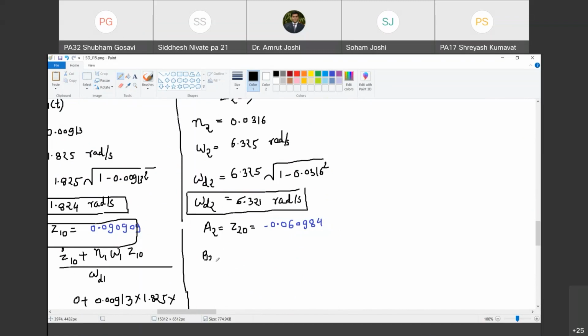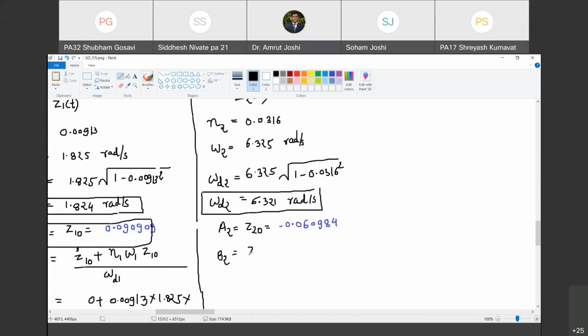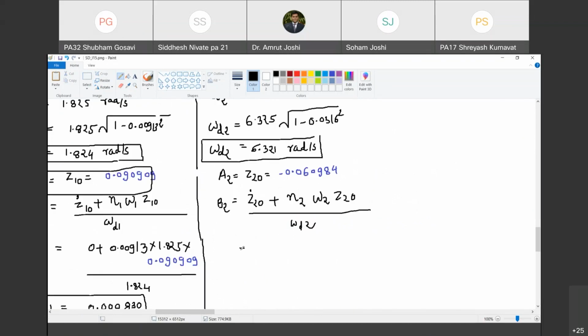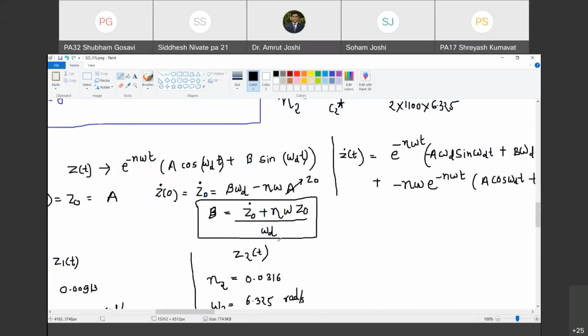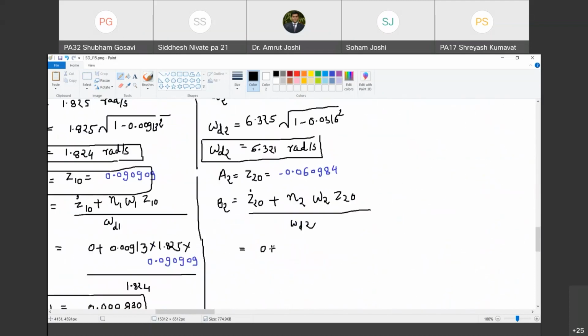Okay, so A2 is found. Now what is the value of B2? B2 is equal to Z20 dot plus eta 2 omega 2 Z20, divided by omega d2.